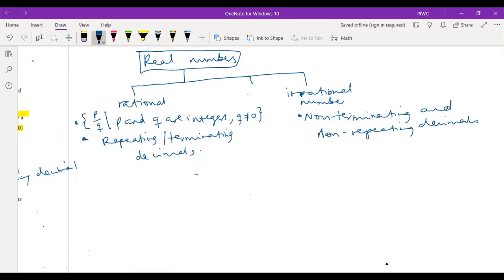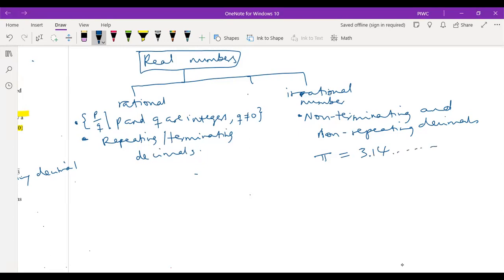For example, if you take a number like pi, which is approximately 22/7, right? If you divide that, you get a very long number, 3.14, and it keeps going.